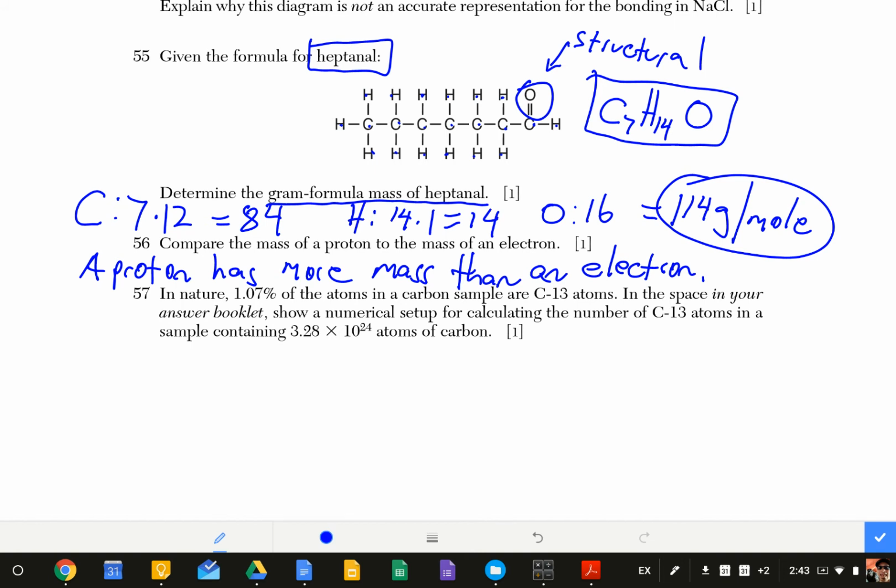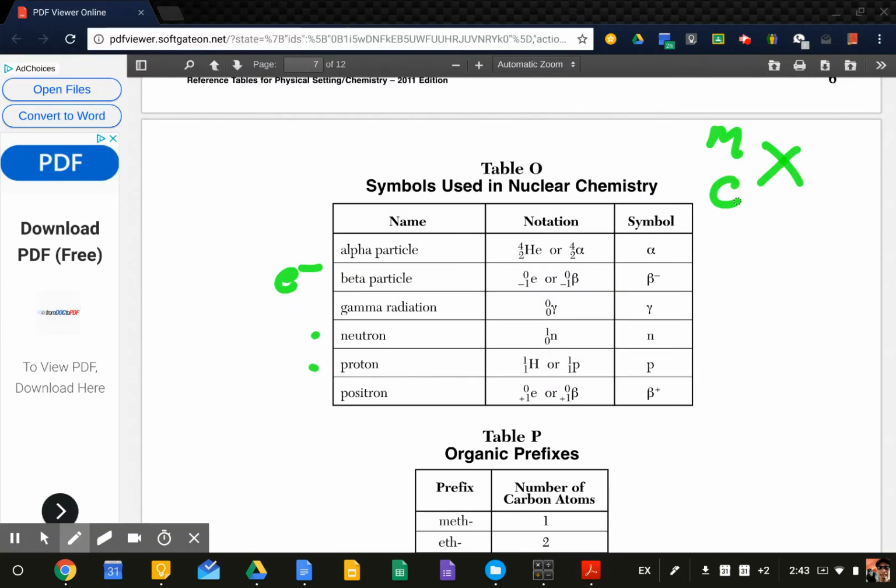An electron is actually 1,800 and something times lighter than a proton. So protons are literally about 2,000 times more massive than an electron. So it's a big deal. So electrons, their mass is not 0, but we put it as 0 on the reference table because the mass is really, really small for an electron. So you basically round it to 0.